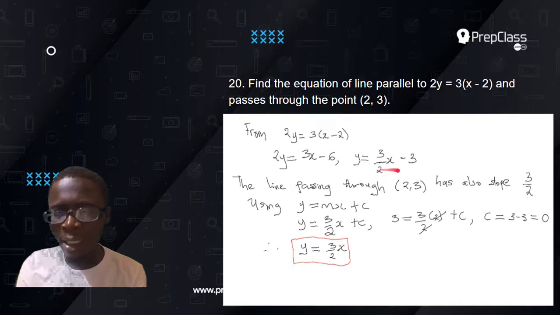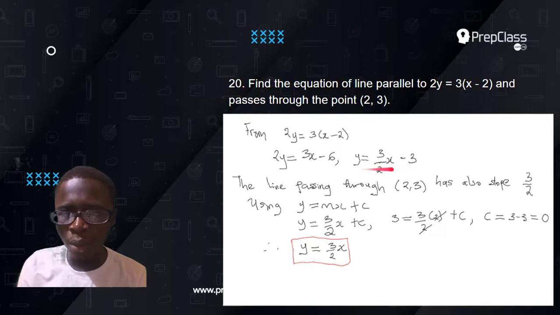So if there is any line that is going to be parallel to this, it must have the same slope with it. Why? Because parallel lines have the same slope. So the line passing through 2, 3 has the same slope as this. So we still maintain 3 over 2.